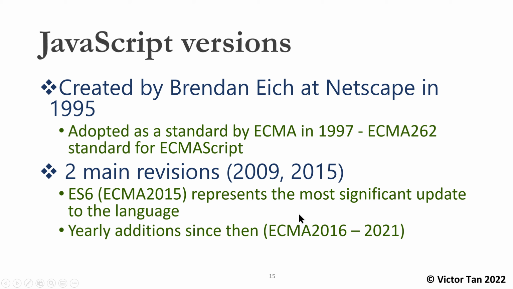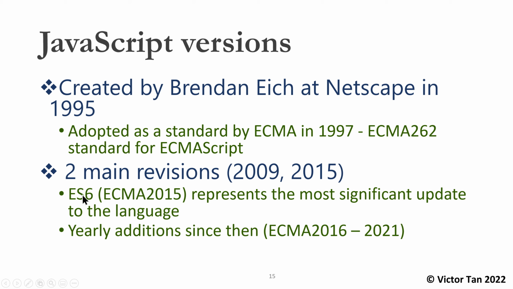Okay, now the later versions like 2016 up to 2021 onwards have varying degrees of support. So some browsers may have support for them, some browsers do not. Okay, so what we can say at this point of time is that basically all modern browsers will have support for ES6. Okay, so what about TypeScript?